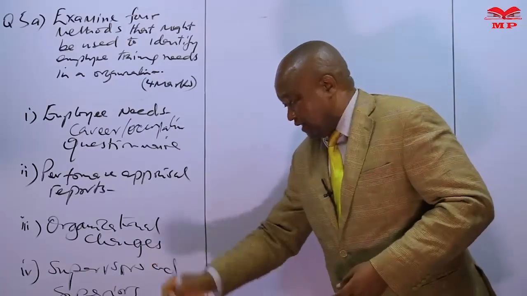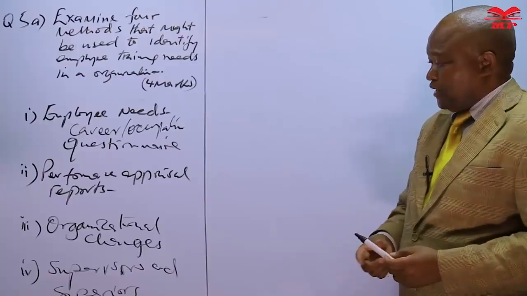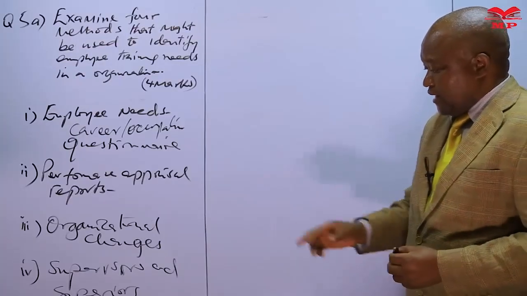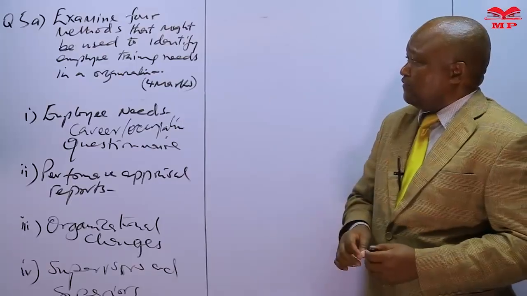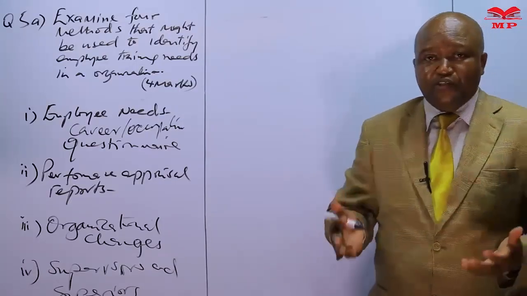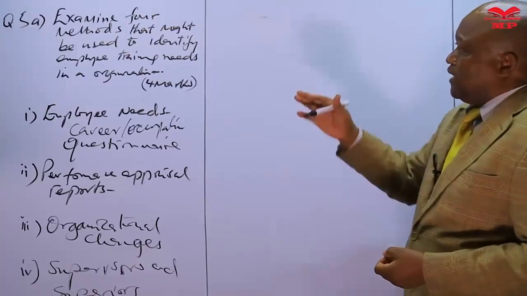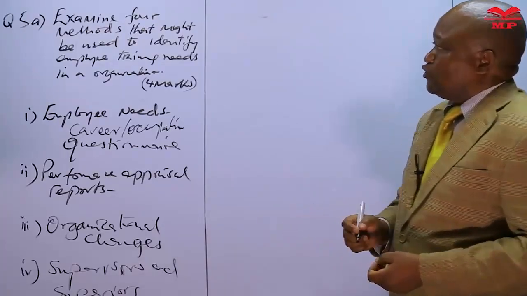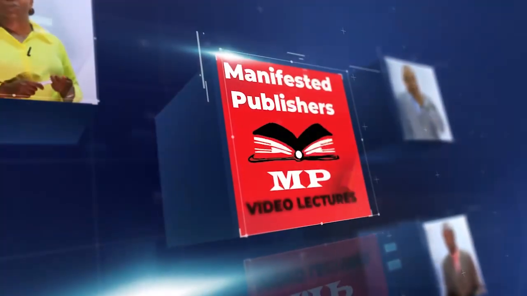And finally, supervisors or superiors who oversee the work of given employees in their operational areas can provide information that can guide towards identifying employee training needs, on the basis of which appropriate action can be taken. So that is our response to question 5A, sample response.